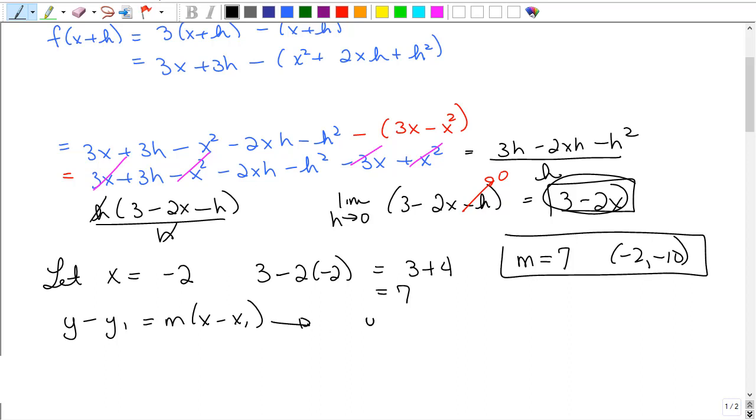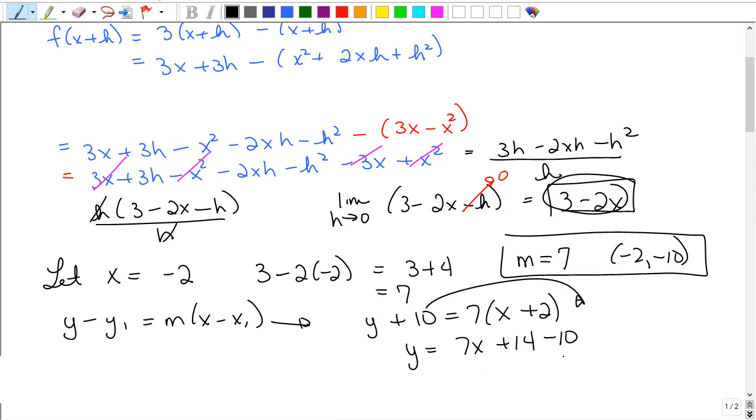So I just want to use that. y minus a minus 10 is plus, and same thing here. I'm going to subtract the 10, and I would get y equals 7x plus 4.